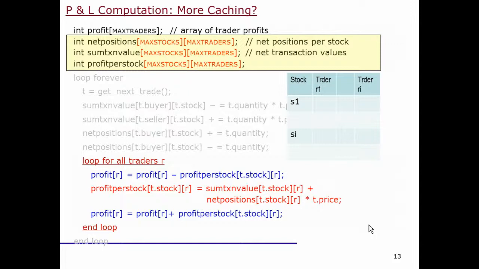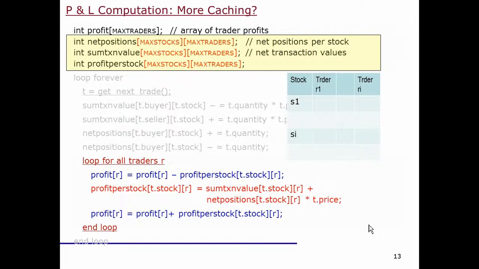So for the same stock and for the same trader we are accessing all these three two-dimensional arrays in the same place, but by declaring them as separate arrays we are actually spreading out the locations, and this is also going to be detrimental for caching, because a cache is not going to pin these individual arrays separately.